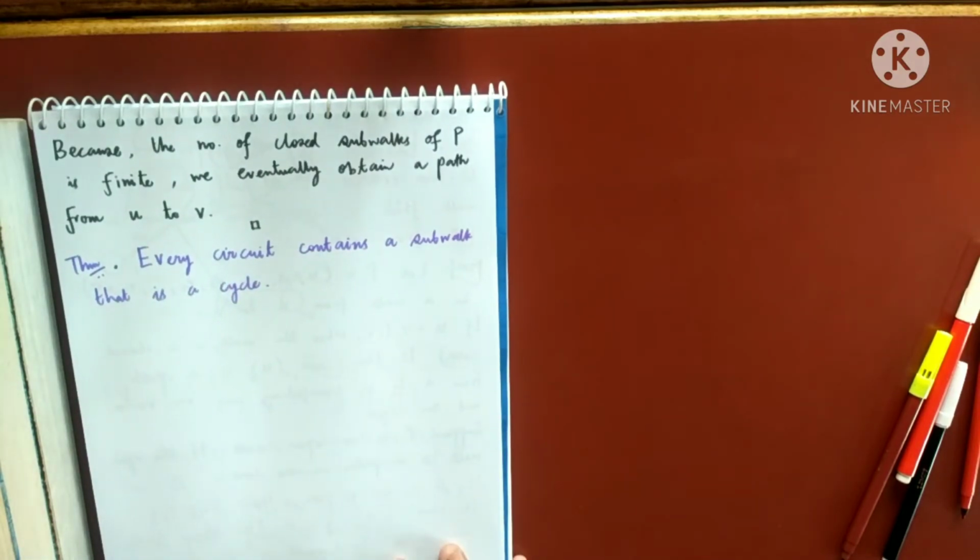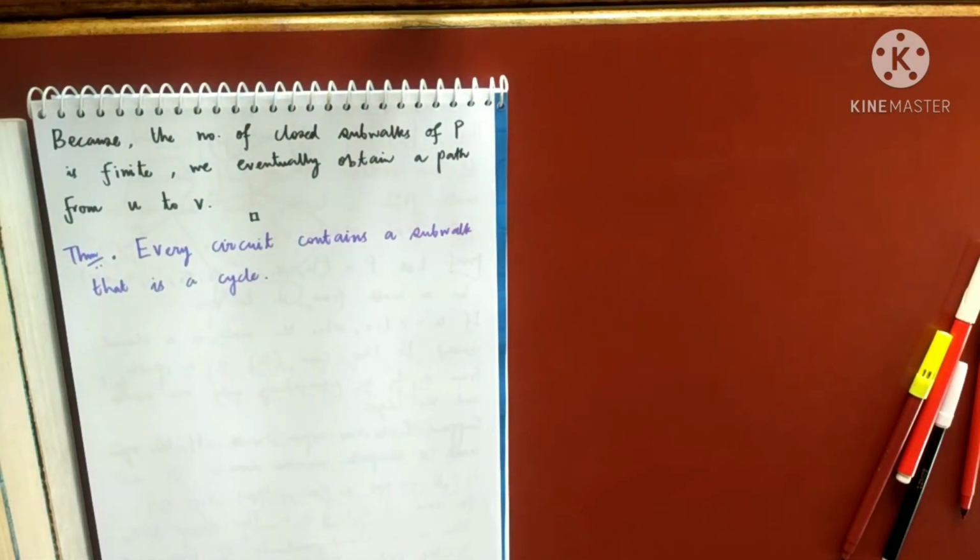What I mean by this is that you give me any circuit, I can reduce that circuit to a cycle. Just like what I did here. You give me a walk, I will give you a path. You give me a circuit, I can give you a cycle.